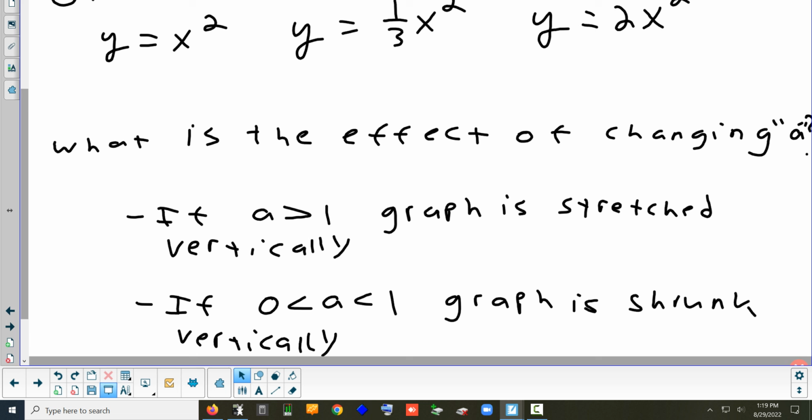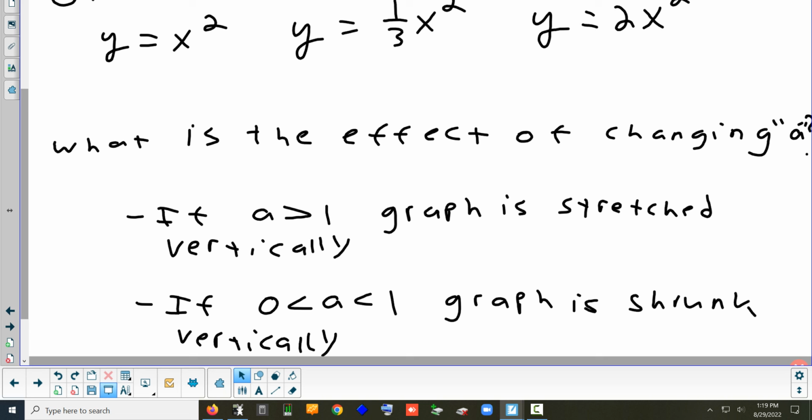So A causes a vertical stretch. When we describe it, generally we're going to say vertical stretch by a factor of, and then read the number in front. Technically, if you say vertical stretch by a factor of 1/2, that really means it shrunk, because if you stretch by 0.5, it's really compressing.